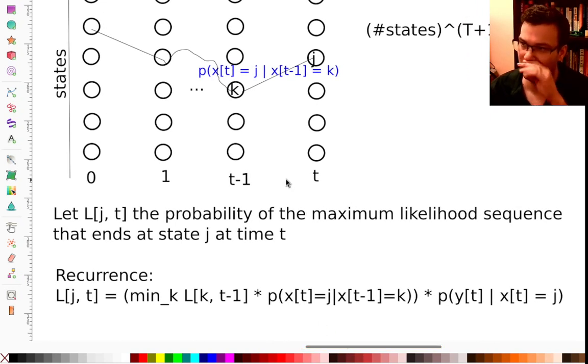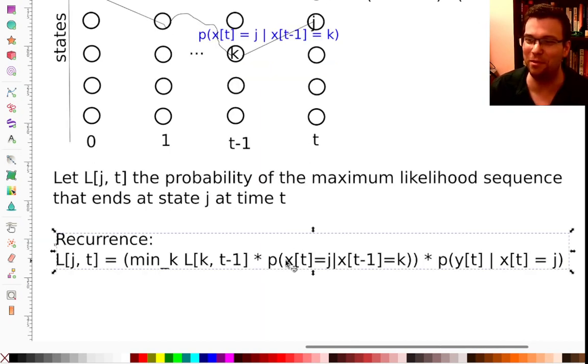I look and see what are all the possible states that I could have come from, and what was the best I could have done to get to those. Let me accumulate this one additional hop here. And once I find which one is the best, I'm going to multiply that by the observation probability at this new state that I'm adding to my sequence. So that is the hardest part. We've gotten through the hardest part.